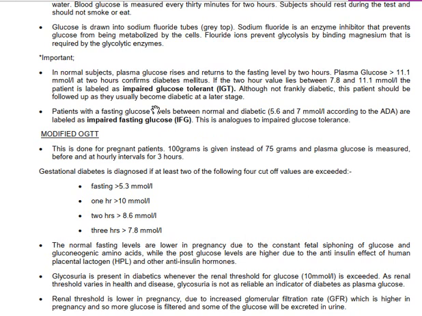When they fast, they have a glucose level which is higher than normal. Is it clear? So what does it mean? It means that the hormone which is supposed to break down to produce glucose, that's glucagon, is not well secreted in impaired fasting glucose. While in impaired glucose tolerance, you have glucose in your body, but you don't produce enough insulin.